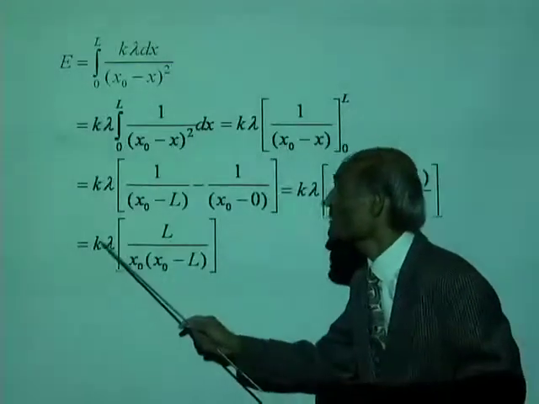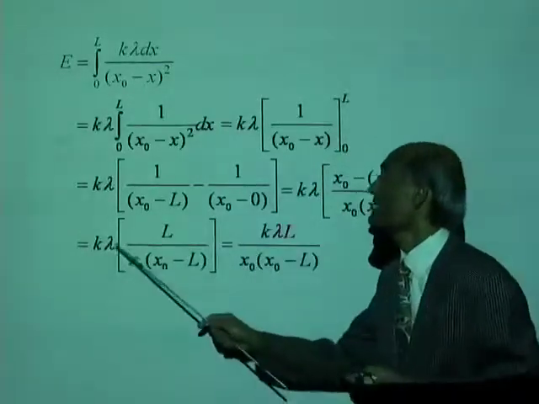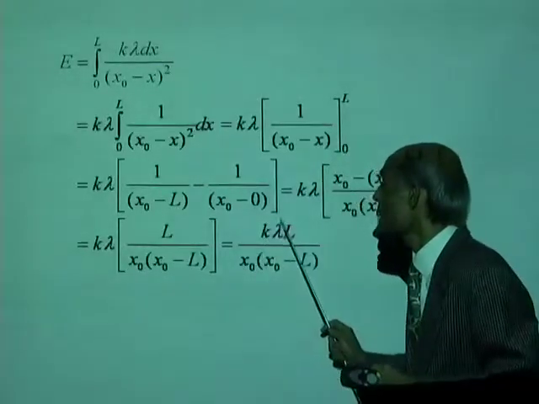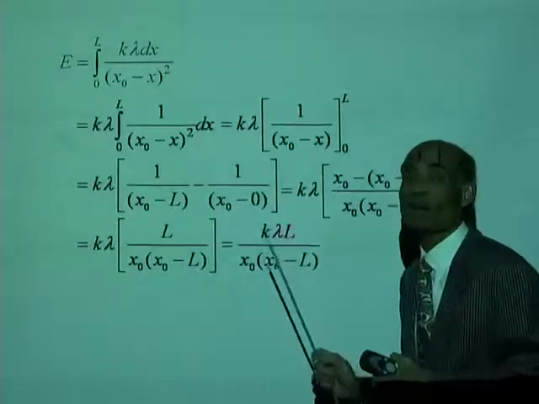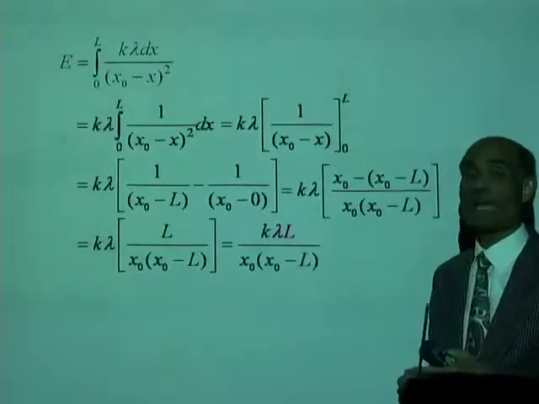Now we can bring in the k lambda, so that will be k times lambda L over x0 times (x0 minus L).